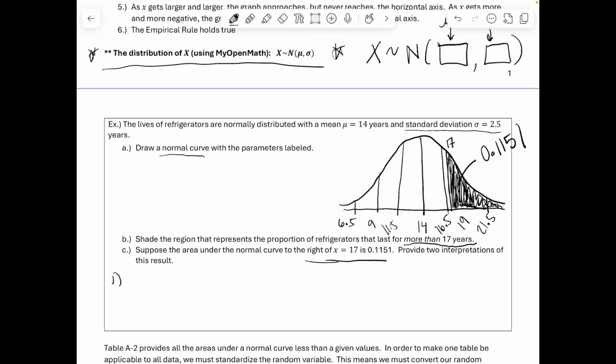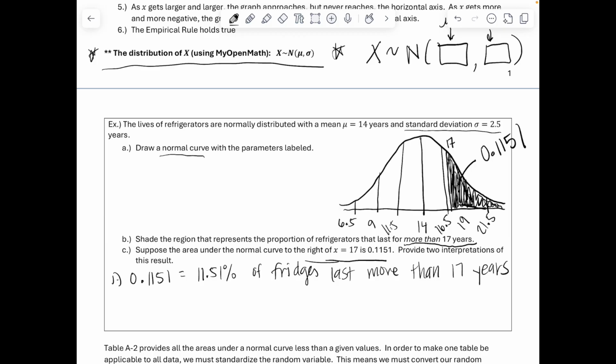So one interpretation would be using that number that we have, that's 0.1151, which is equal to 11.51%. We can either discuss it as a percent or as a decimal. A lot of students like to talk about things in terms of percents. It just is a little bit more tangible. So 11.51% of fridges last more than 17 years.